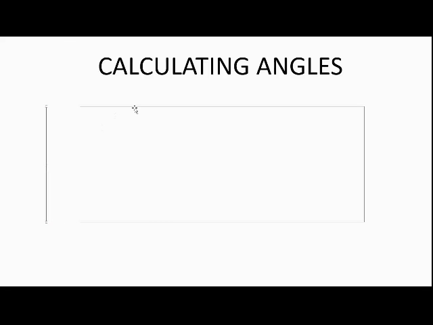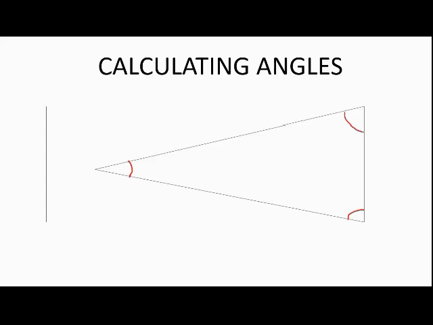Now I'm going to turn this into a triangle quickly. There we go. I now have a triangle with only 1, 2, 3 interior angles and 1, 2, 3 sides.